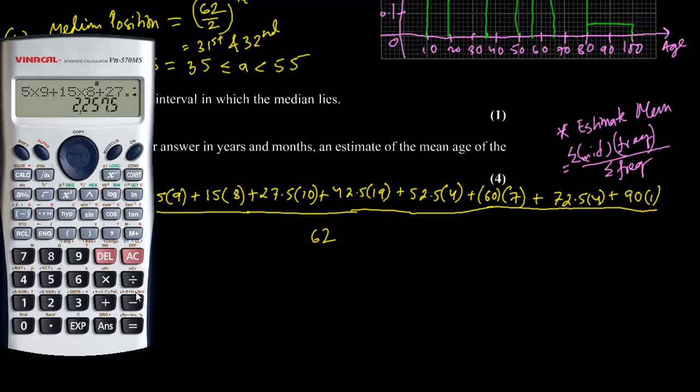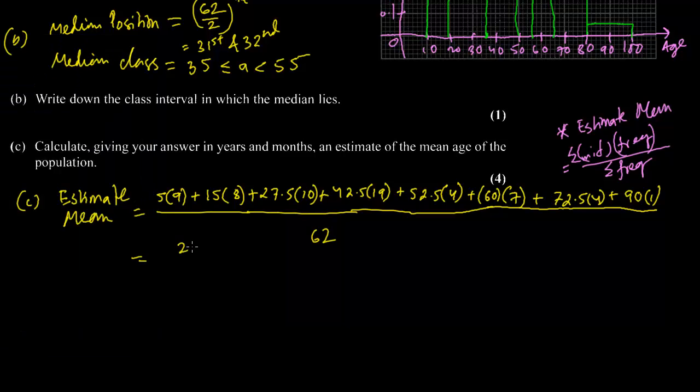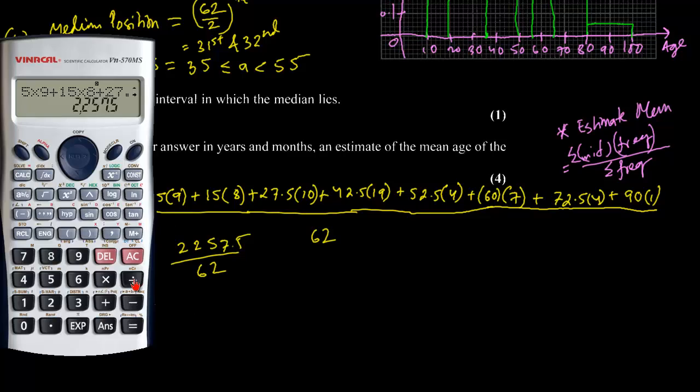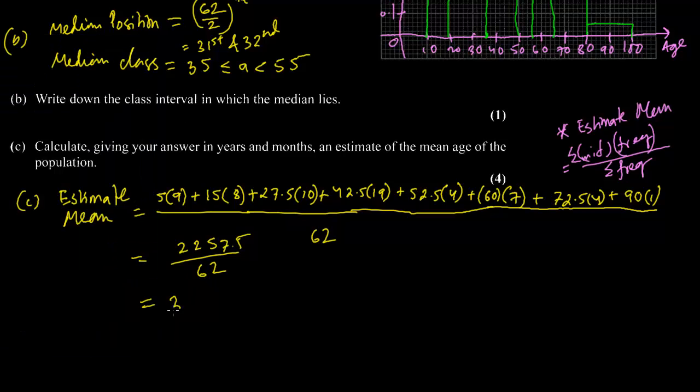That gives us 2257.5. 2257.5 divided by 62 gives us 36.411.